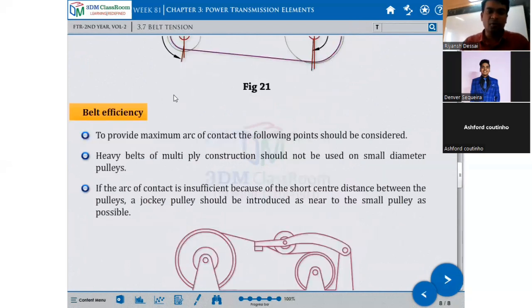For belt efficiency, to provide maximum arc of contact, the following points should be considered. Heavy belts and multiply construction should be used; do not use a small diameter pulley. If the arc of contact is insufficient because of the short center distance between the pulleys, a jockey pulley should be introduced as near to the small pulley as possible.